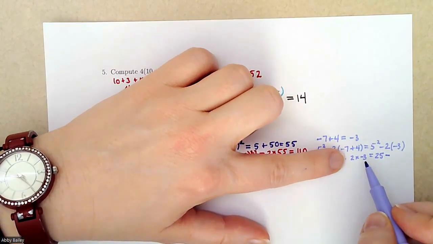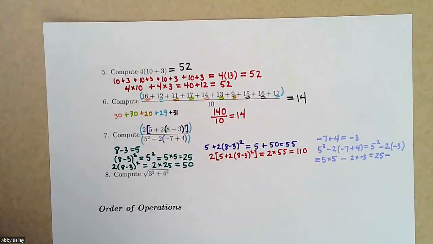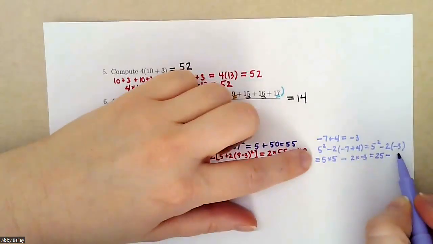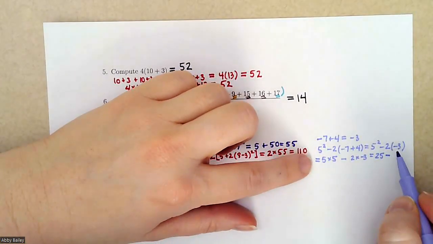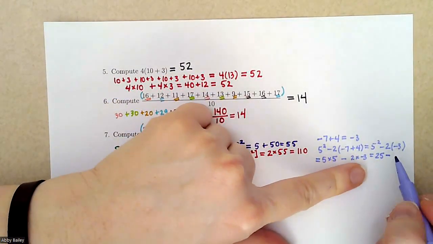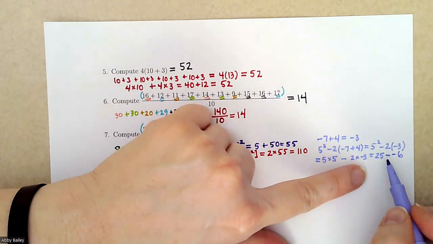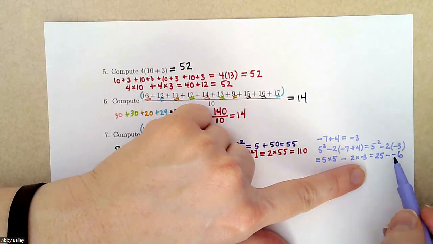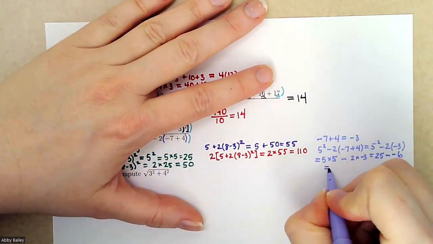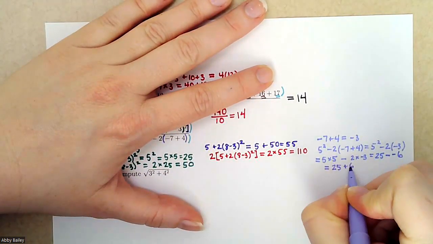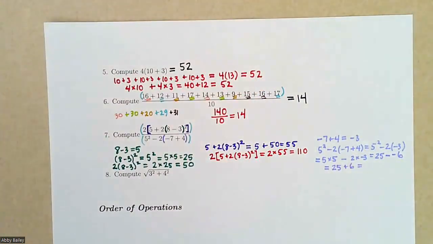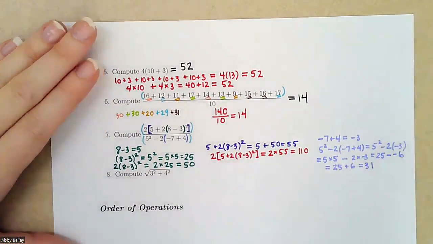Well, two debts of 3 make -6. So 2 times -3 is -6. But now I am taking away a debt, so that's actually adding. Okay, I got 31 for the denominator.